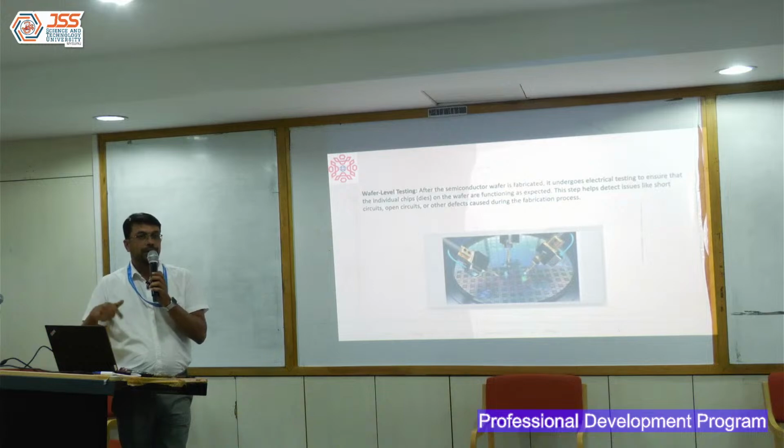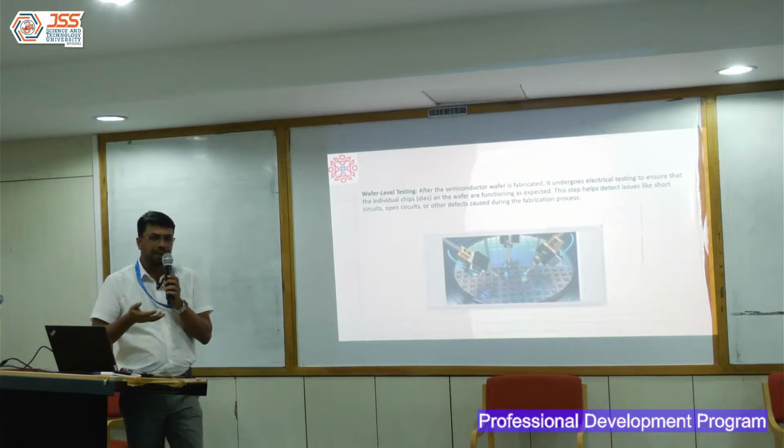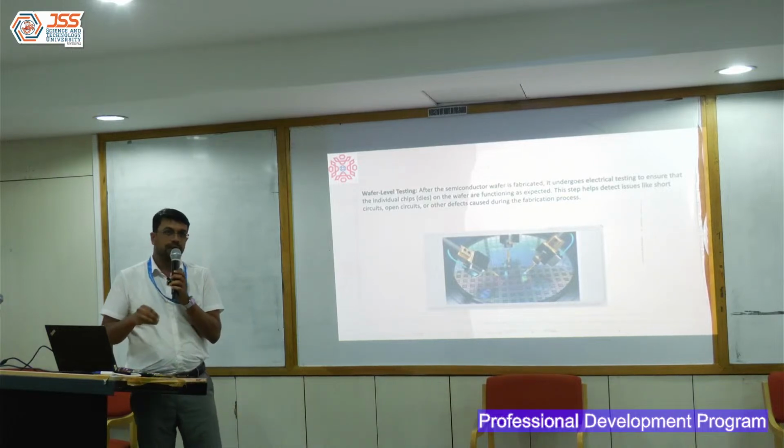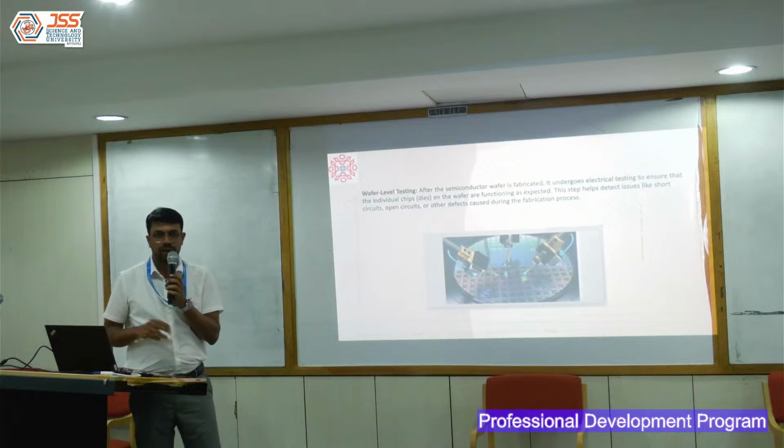We go and try to analyze what has caused this particular fault. That's where we use the electron microscope, going deep into the layers of fabrication, trying to understand where the etching has gone wrong, where those layers are wrong.